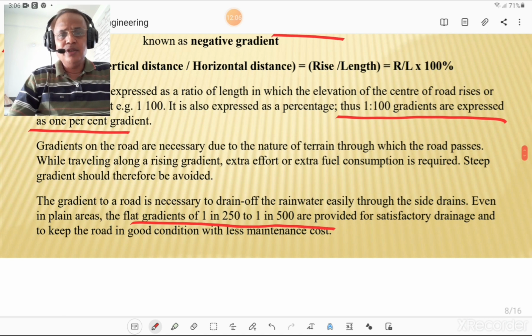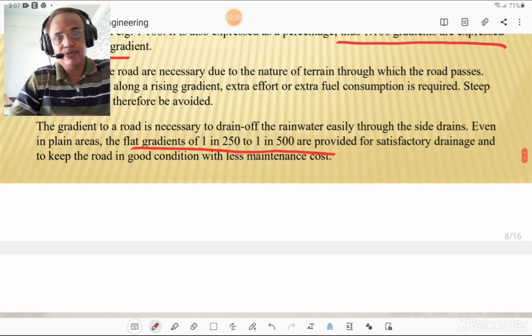The gradient to a road is necessary to drain off the rainwater easily through the side drains. Even in plain areas, a flat gradient of 1 in 250 or 1 in 500, meaning 2.5% to 5%, is provided for satisfactory drainage and to keep the road in good condition with less maintenance cost. So gradient has a prime importance.